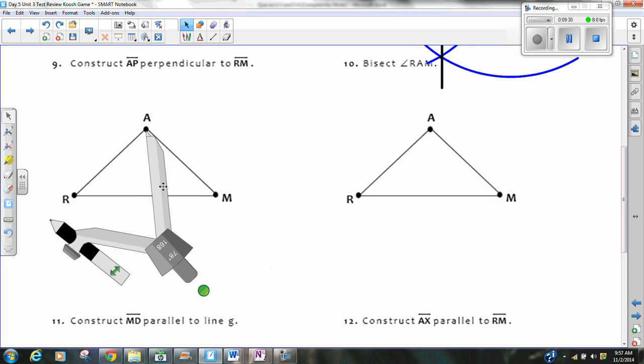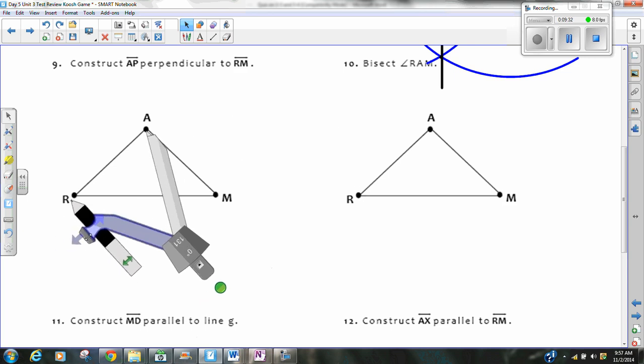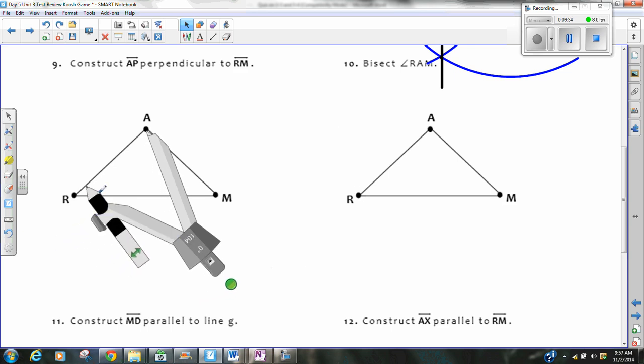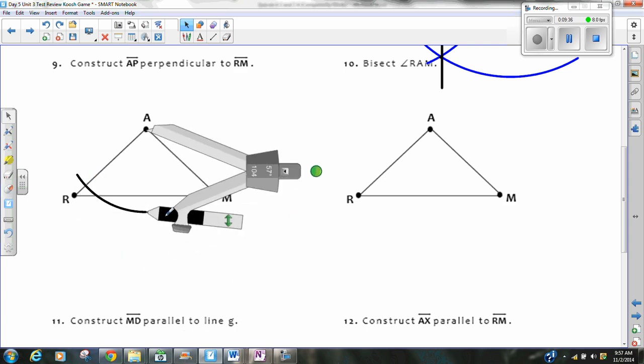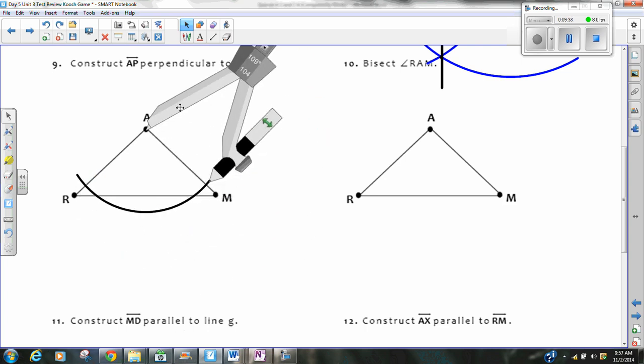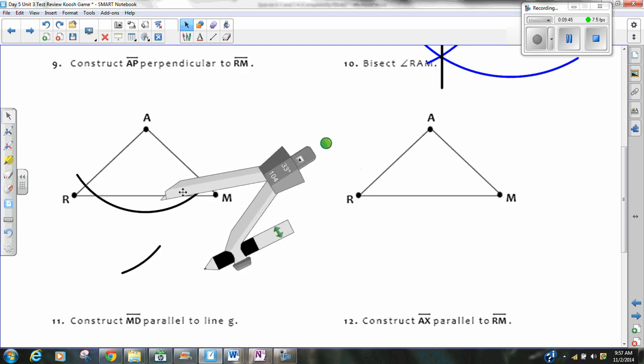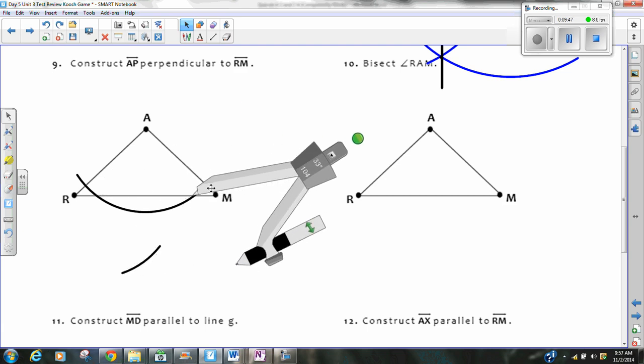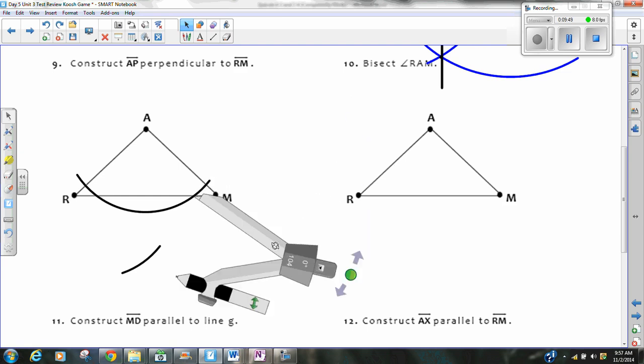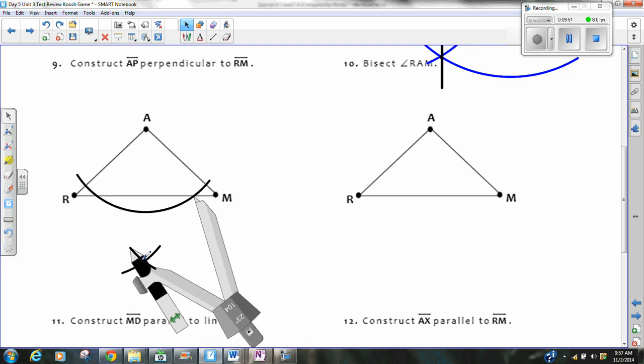So you're going to come here, stretch it over. You want to try to hit the line below it. There we go, perfect. And then we're going to come down again, equidistant, make an arc here, come to the other arc point that was made with the arc, and cross over this arc.